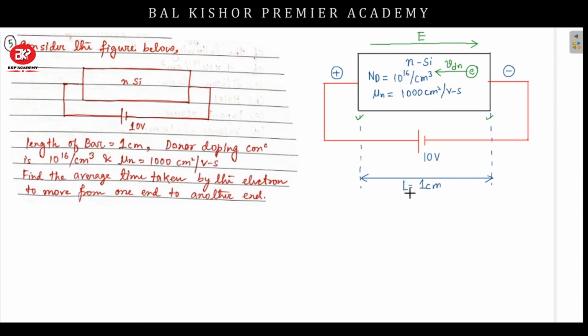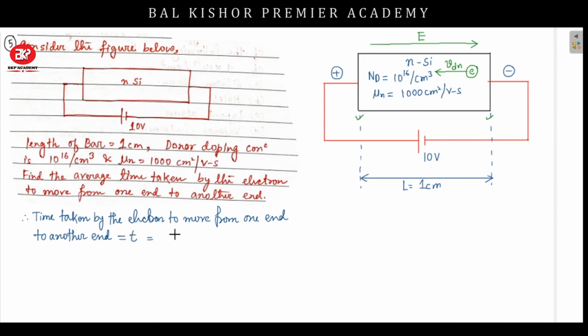If the length of the semiconductor is 1 centimeter, so we can say that the time taken by the electron to move from one end to another end, if it is t, then it will be length L divided by the drift velocity vdn of the electrons.